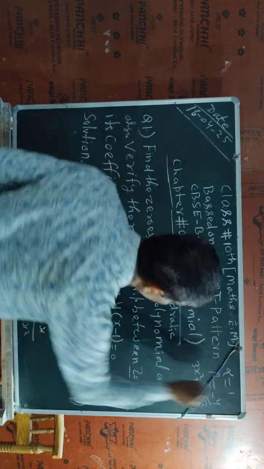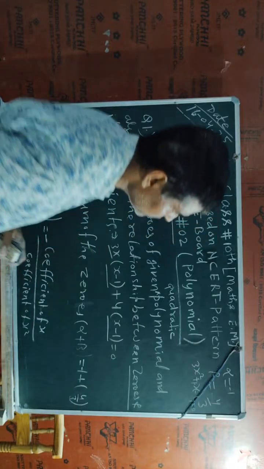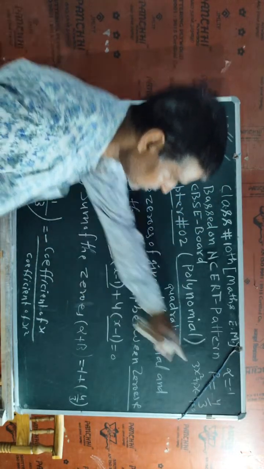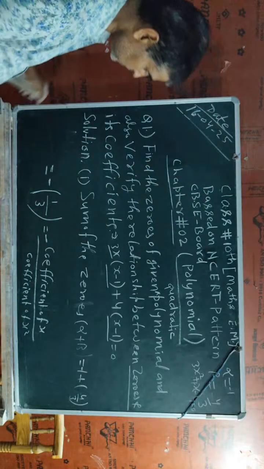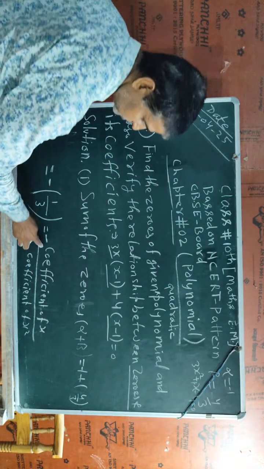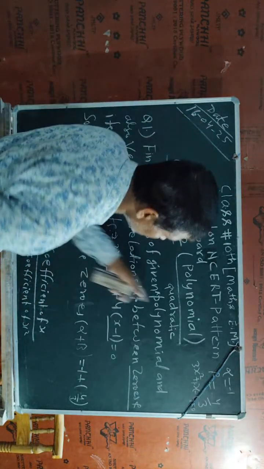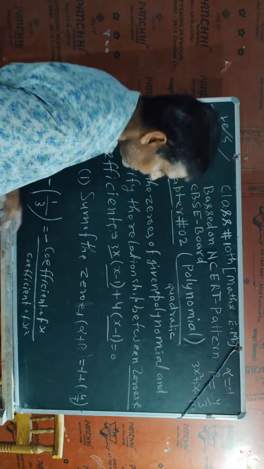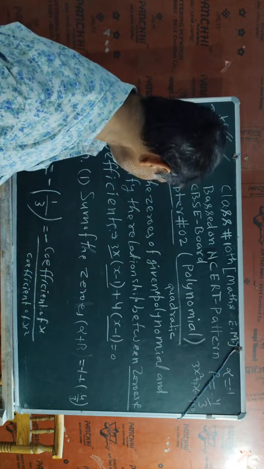So in the previous question, alpha is equal to minus 1 and beta is equal to 4 divided by 3. Okay student, so I will write minus coefficient of x divided by coefficient of x square. If I put the value of this, I will get the same information.